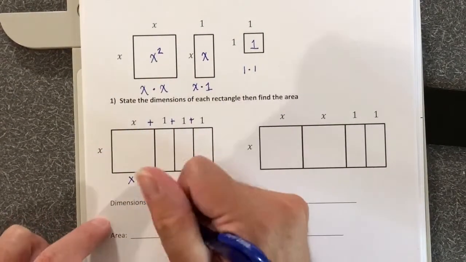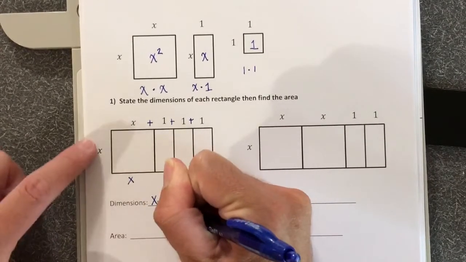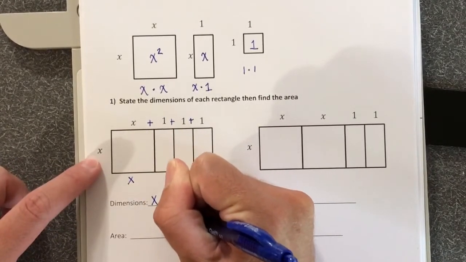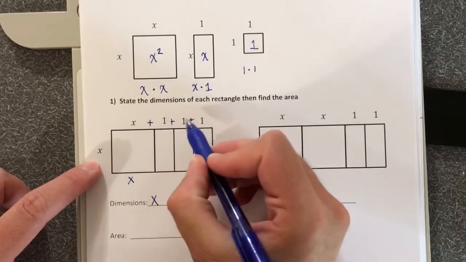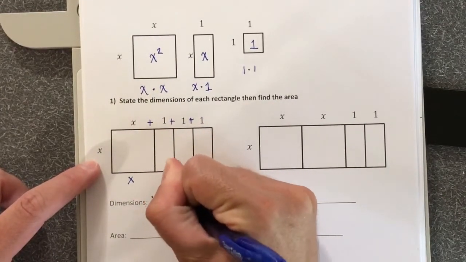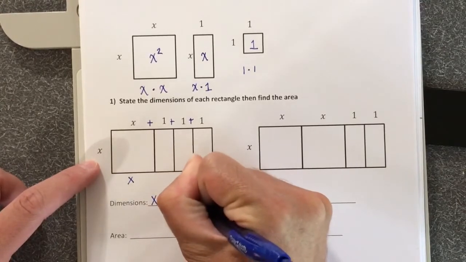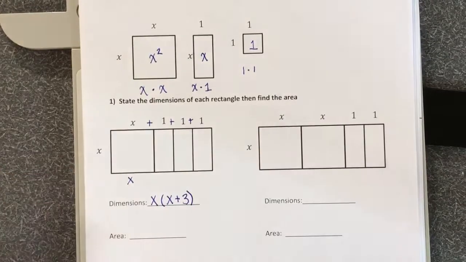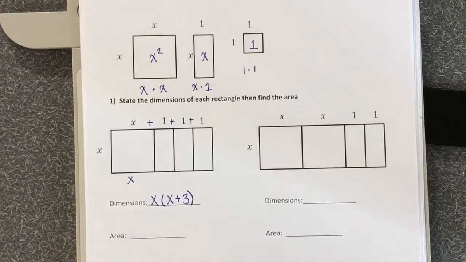If I have a height of x and a length of x plus 1 plus 1 plus 1, let's put those ones together and call it a length of x plus 3. So we have dimensions of x by x plus 3.